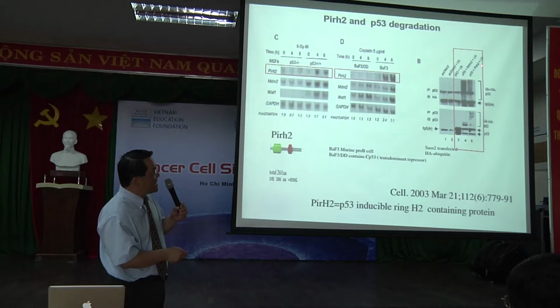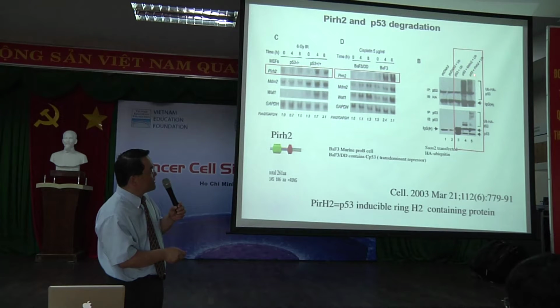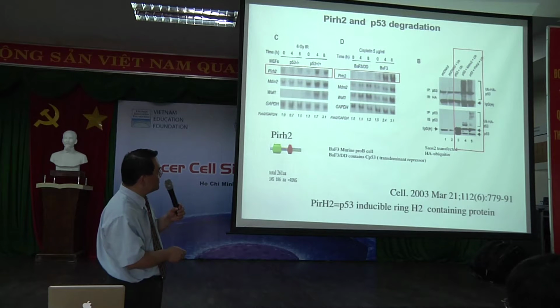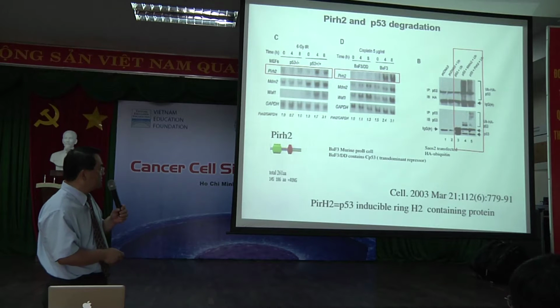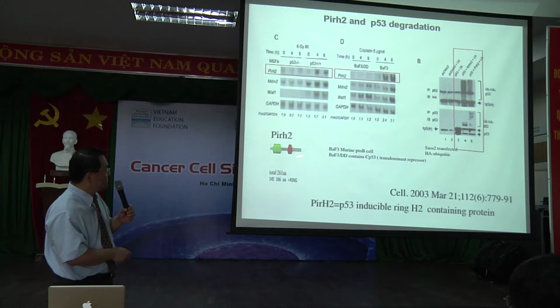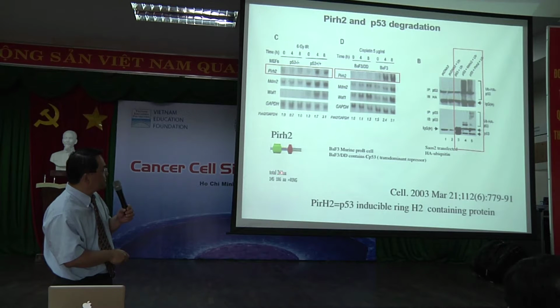With PIRH2, the smear shows up again, indicating that these two E3 ligases were able to cause the P53 ubiquitination. This is what PIRH2 looks like. They total about 261 amino acids. They have a ring domain.